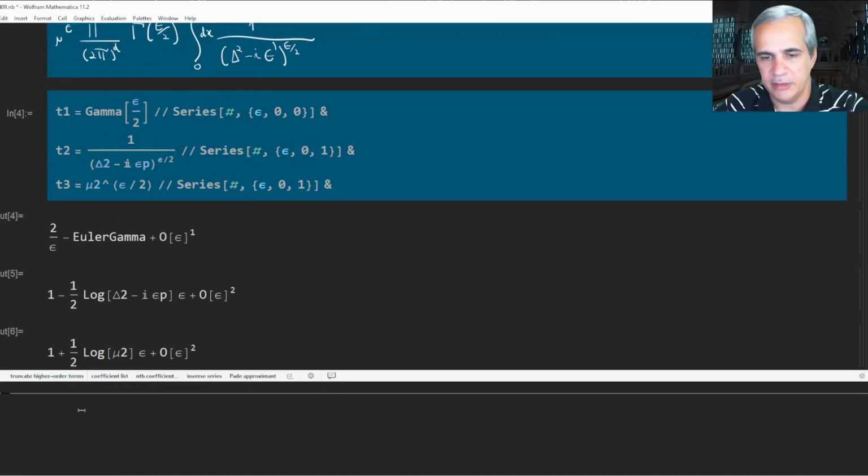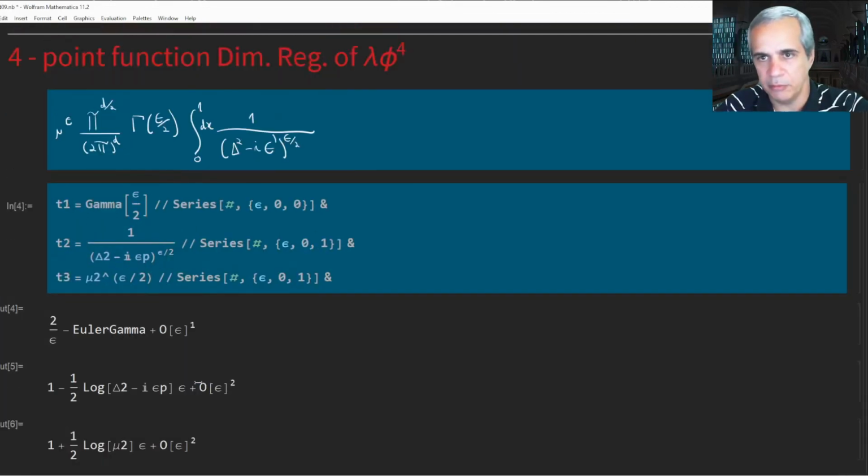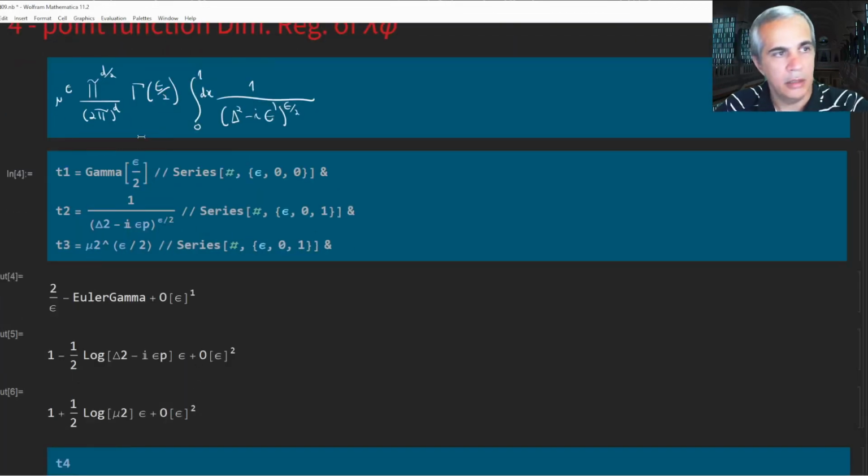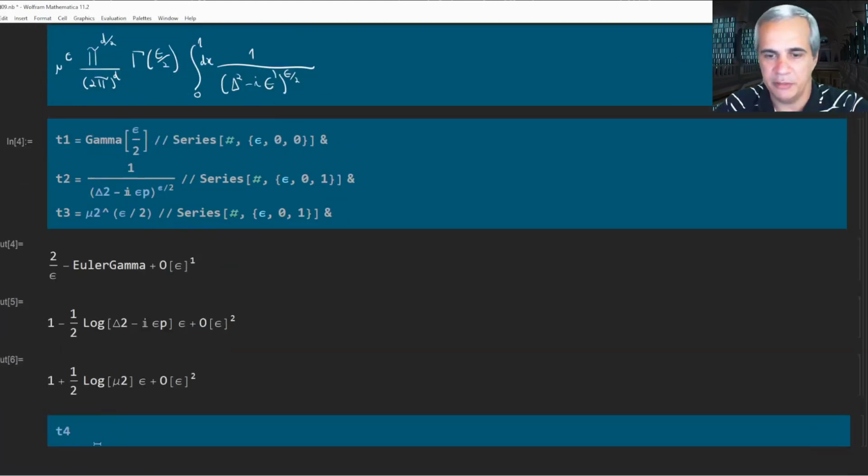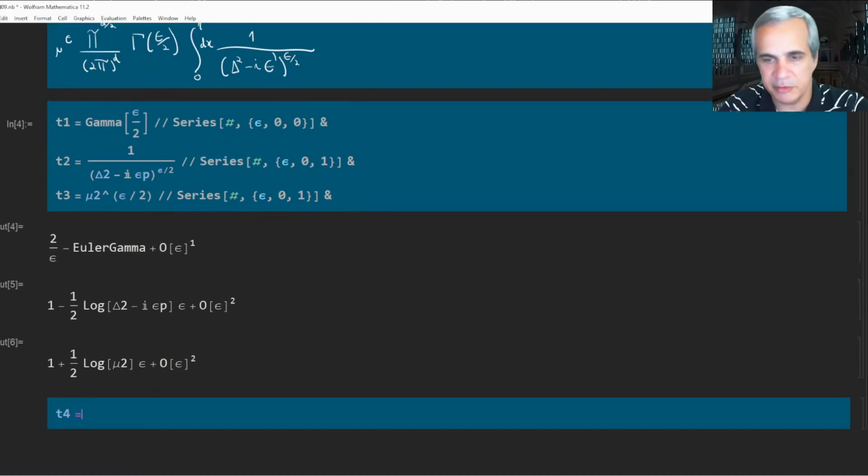Now let's write down here term 4. I'll just use this whole thing here, and that's it, right? Term 1 was here, term 2 was this, term 3, and now 4 will be everything there. Let me see if I can write everything in the same screen.